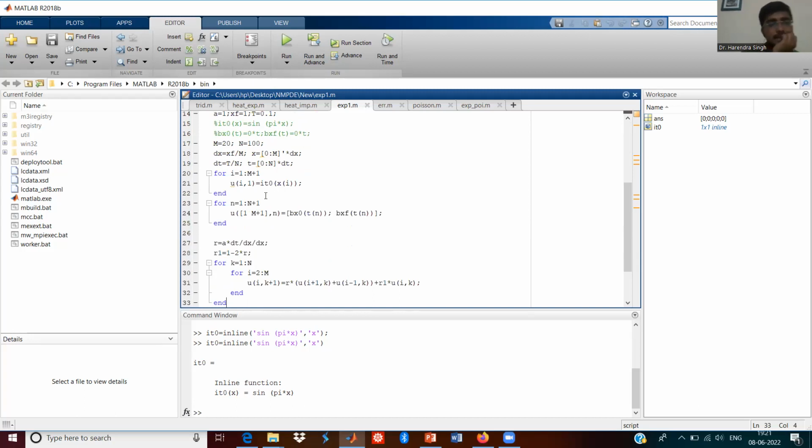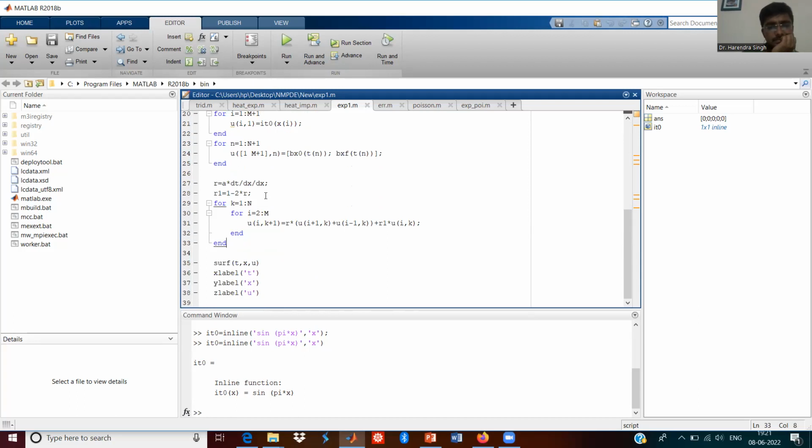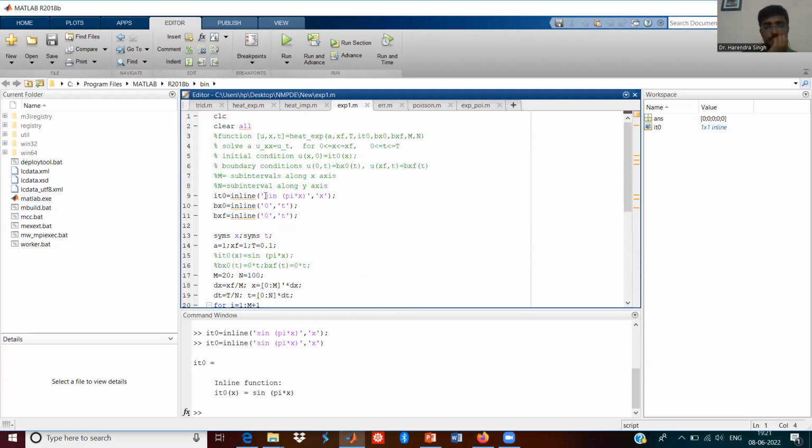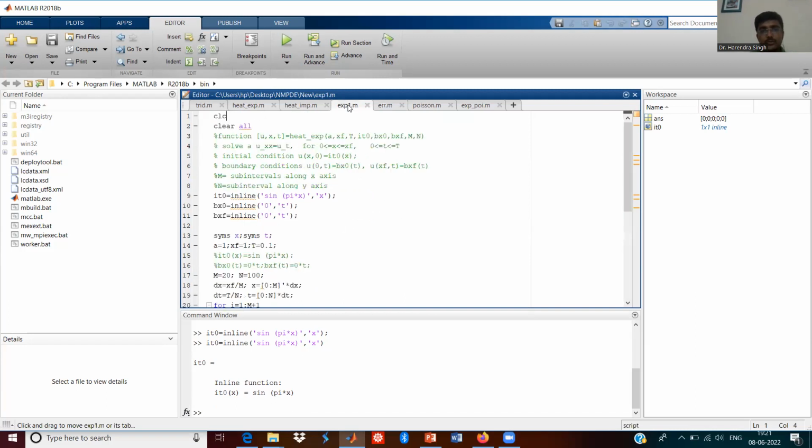Okay, that example I have solved explicitly. Let me clear this one. This is also an example, but in that example one, I solved using the Euler explicit scheme.